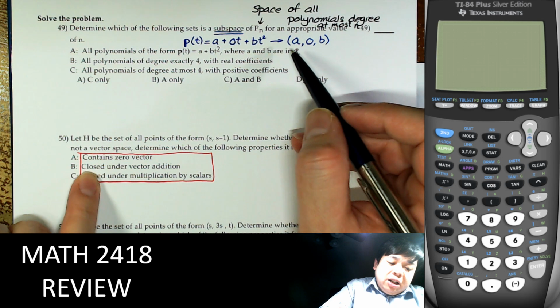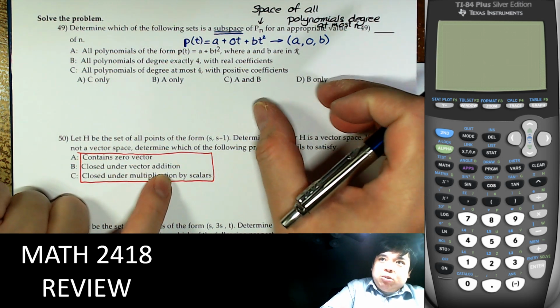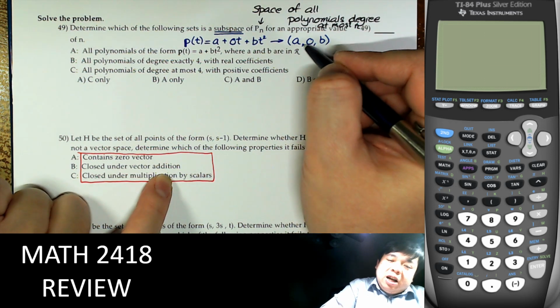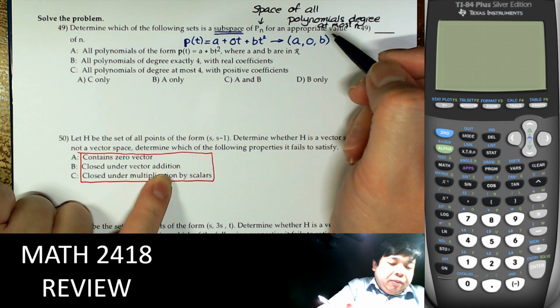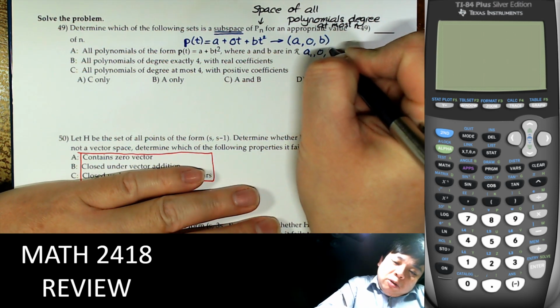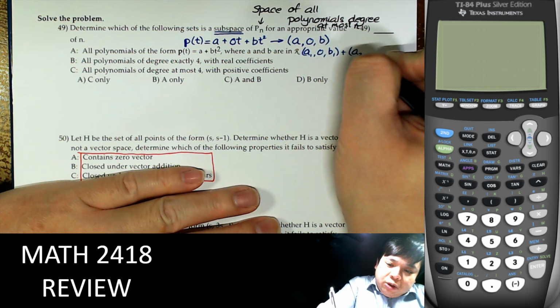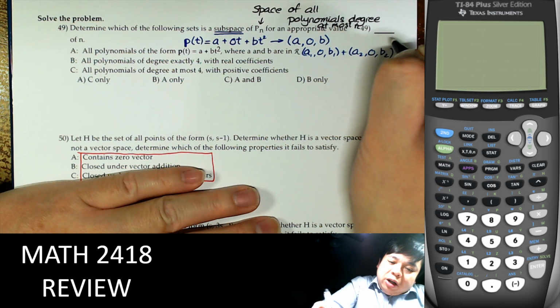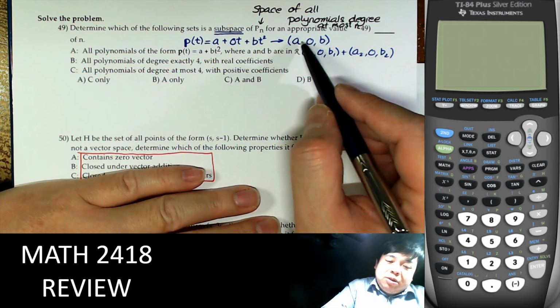The second is closed under addition. If you have the first plus the second, when you add them, the second component is always 0. I will write a1, 0, b1. If we add that with a2, 0, b2, of course you're going to have a1 plus a2, 0, b1 plus b2. It still has 0 in the middle.